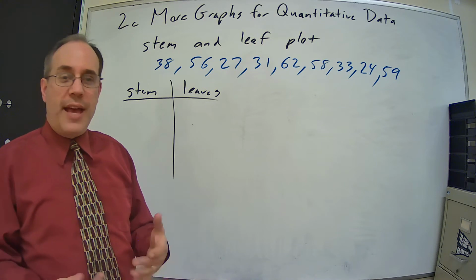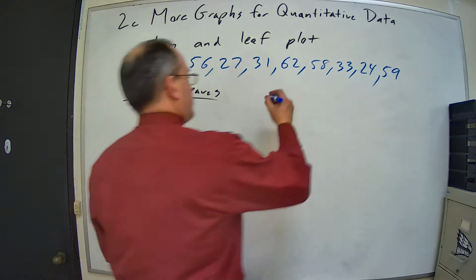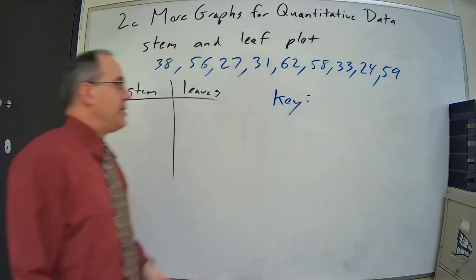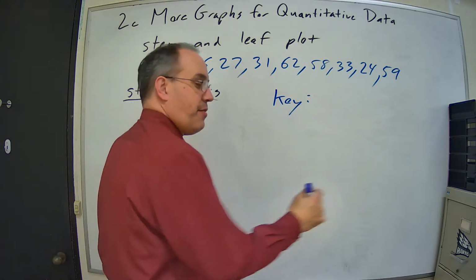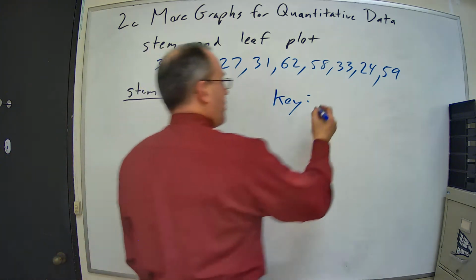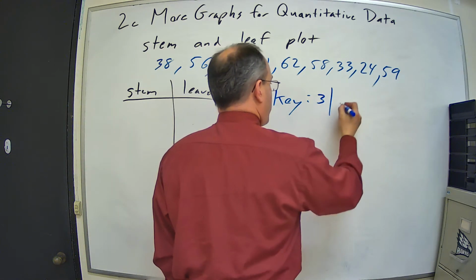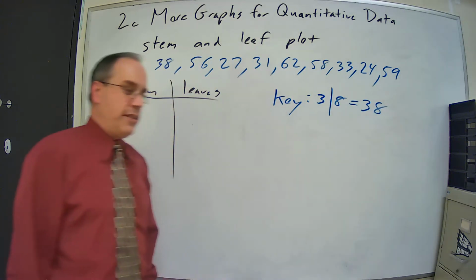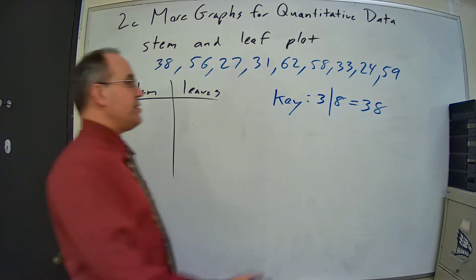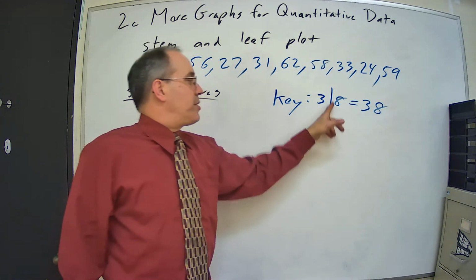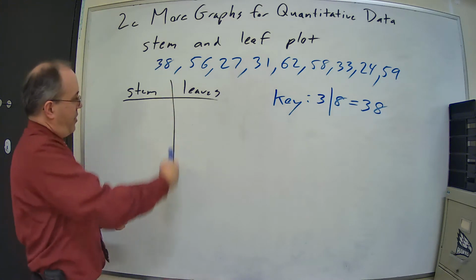So the way we do that is we create a key. And I have a tendency to look at the first data value when I create my key. I'm going to go 3 vertical line 8 is equal to 38. So what this is doing is it's telling us this line is like this line right here.